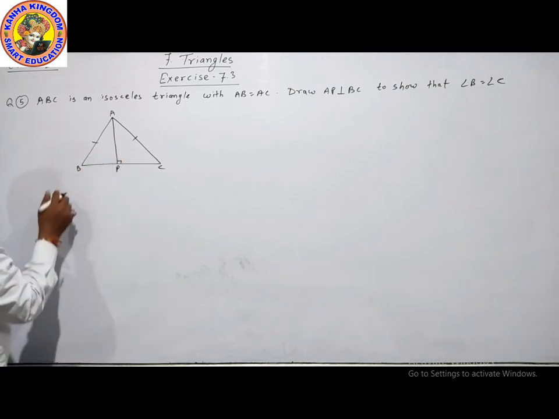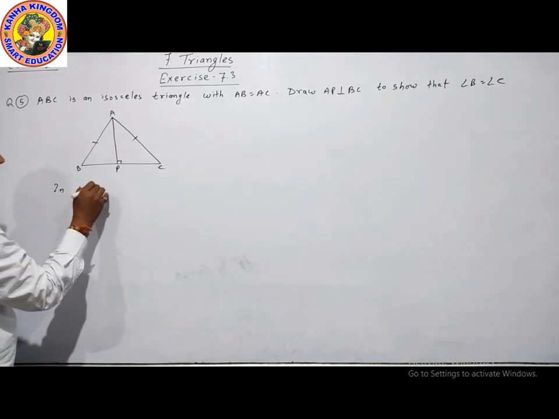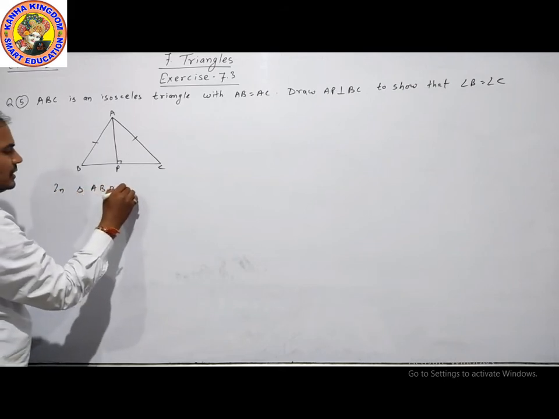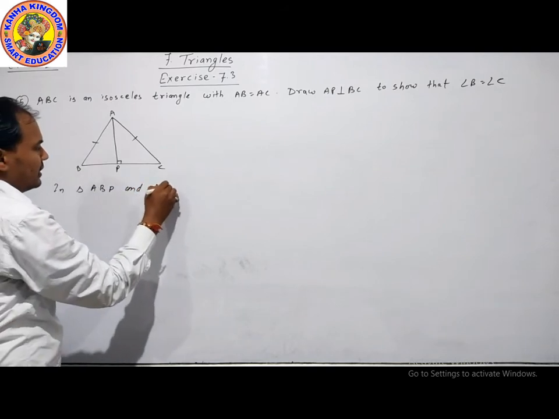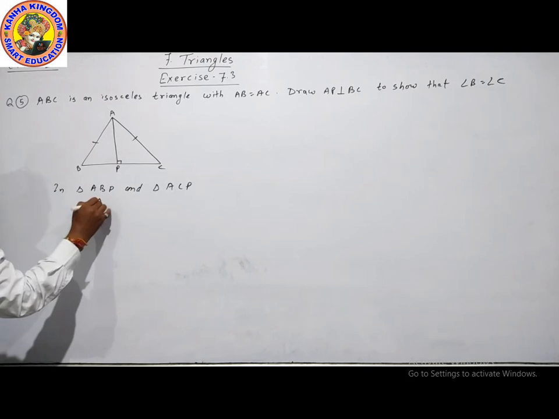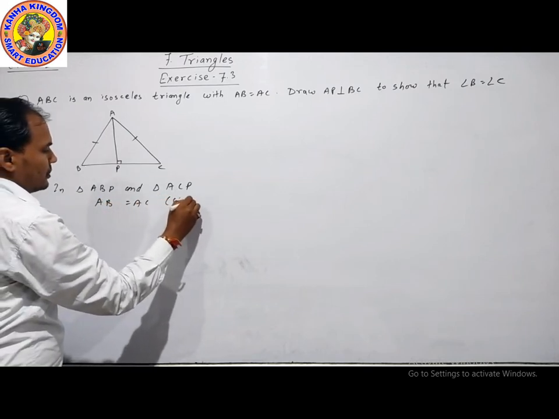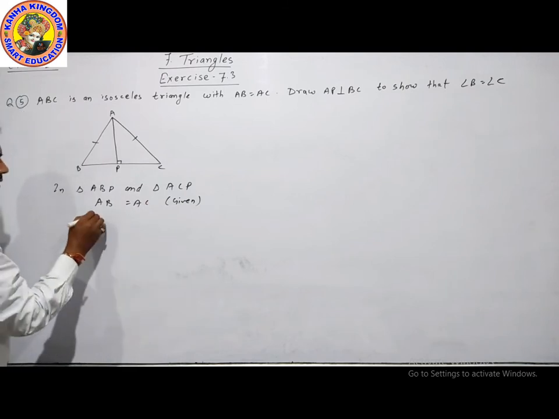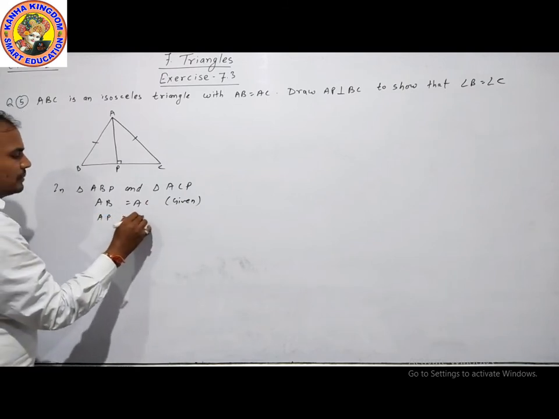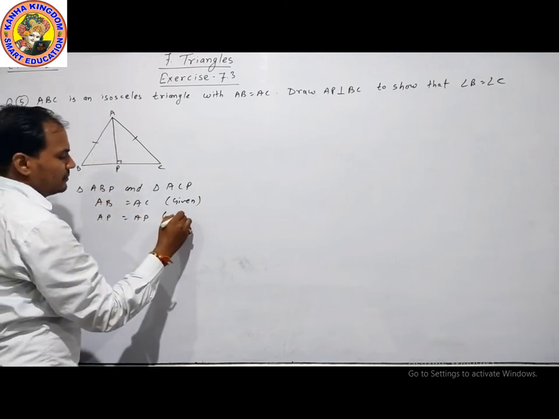Now we take two triangles, triangle ABP and triangle ACP. First of all, AB is equal to AC, given. AP is equal to AP, in both triangles AP is a common side.